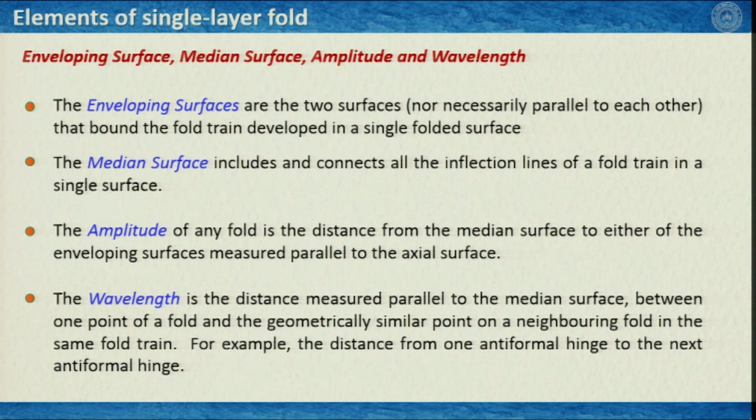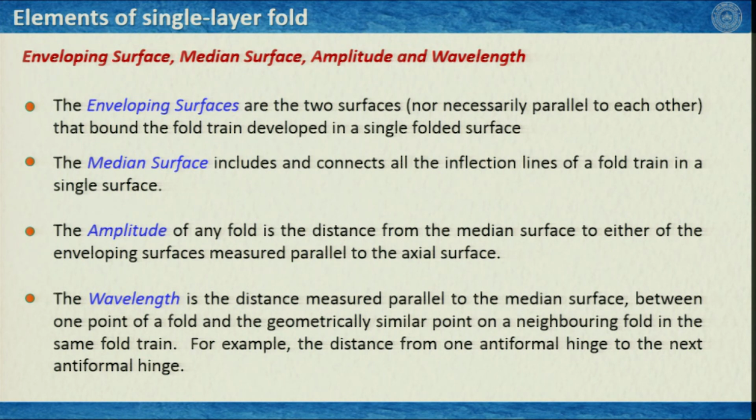So, here come 4 terminologies: enveloping surface, median surface, amplitude and wavelength. The enveloping surfaces are the 2 surfaces, not necessarily parallel to each other, that bound the fold train developed in a single folded surface. We will see the illustration in the next slide.